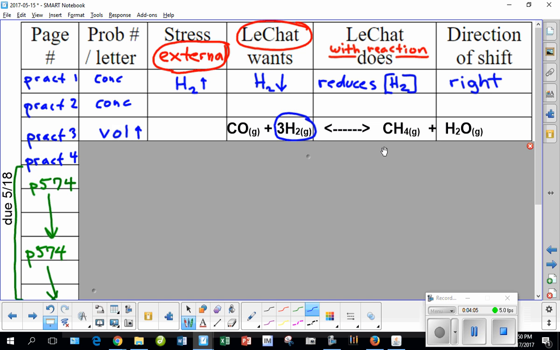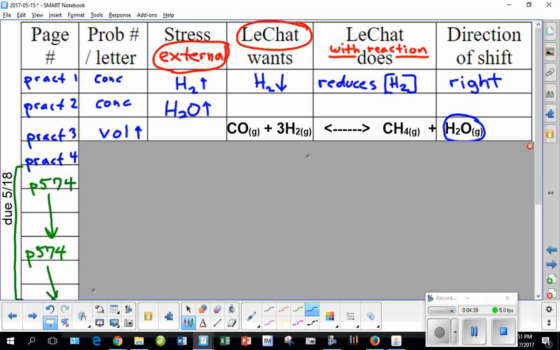Now, let's do this differently and make it with water. Let's do the same direction. I'm going to add water to the liquid. I'm going to add a pure liquid to a solution. The pure liquid is water. The solution is water and carbon monoxide and hydrogen making CH4 and H2O.